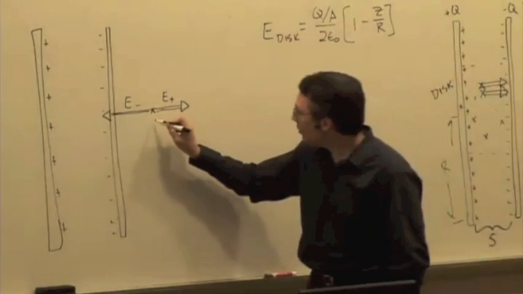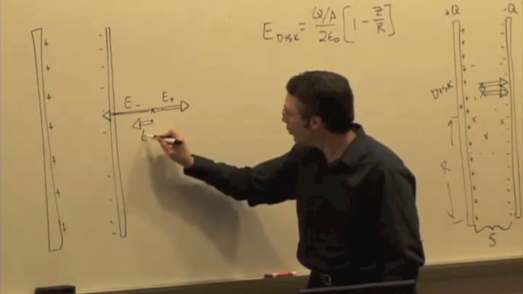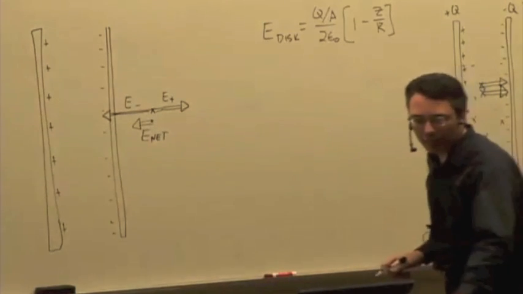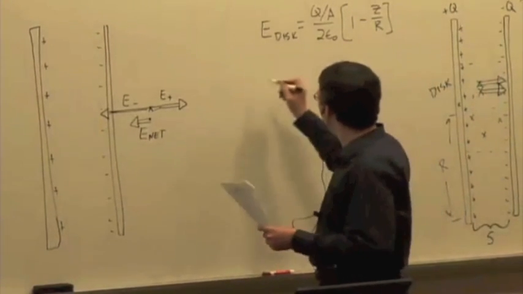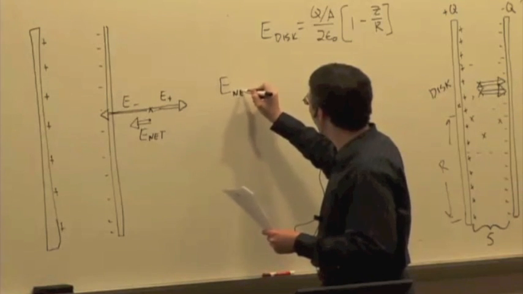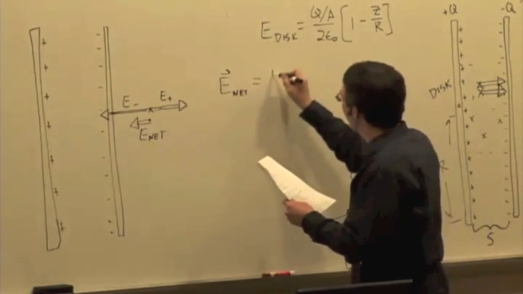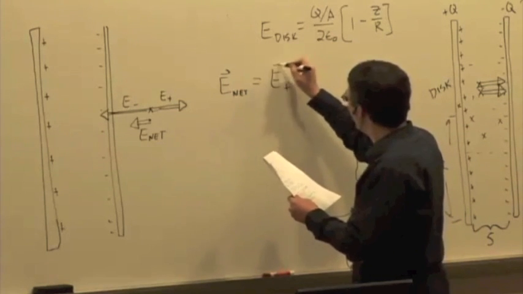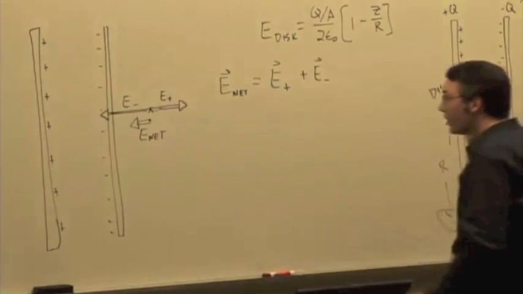So we end up with an electric field that's going to be a net electric field pointing that direction when we do the superposition. And let's see if we can work out what the magnitude is. Same idea. The net electric field is going to be the electric field due to the positively charged plate plus the electric field due to the negatively charged plate.